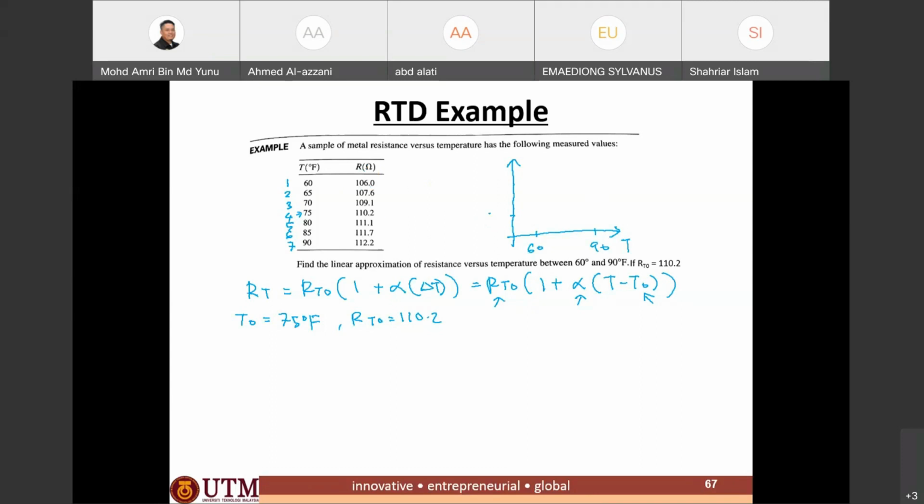At 60 it is around 106.0, and at 90 it is 112.2.